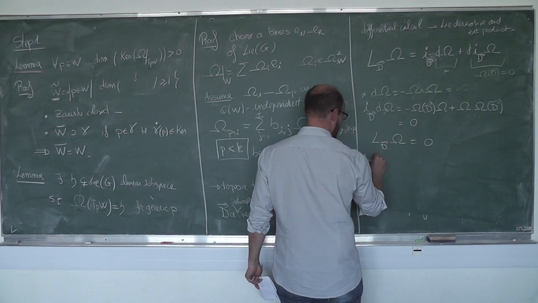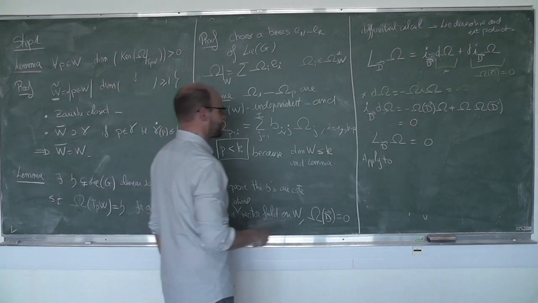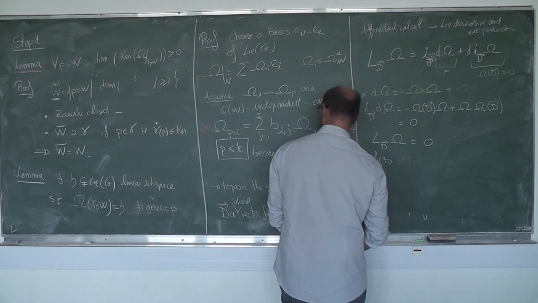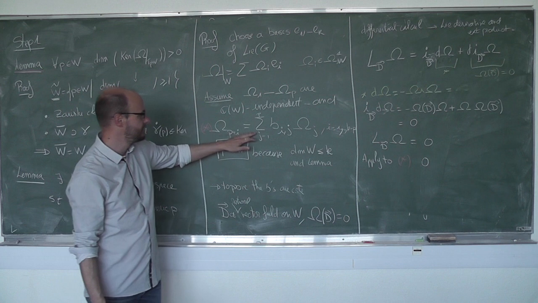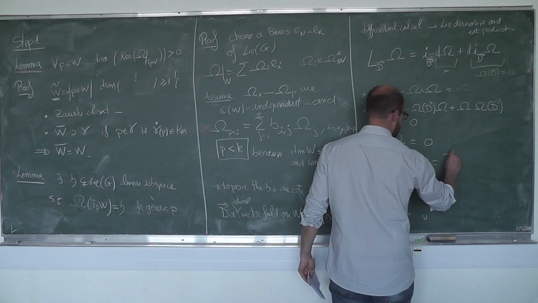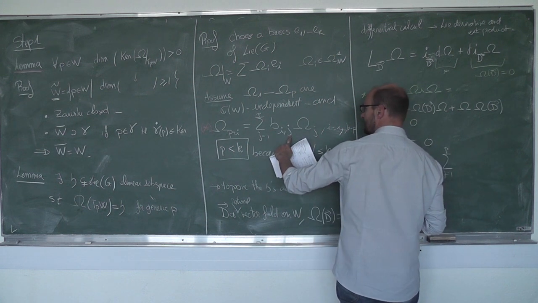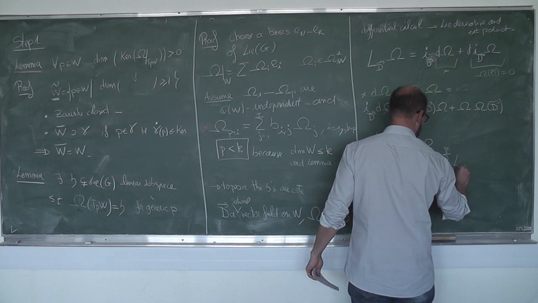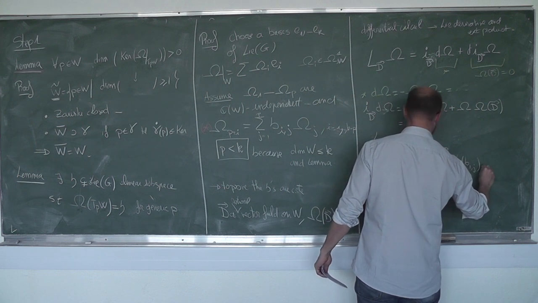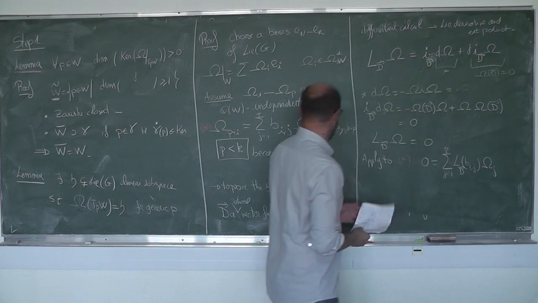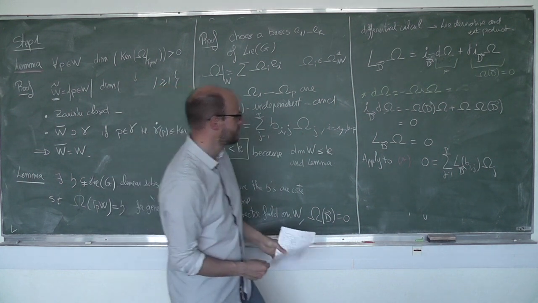Then you apply this to this relation. And what you get is that 0, which is the derivative of this one, is equal to the sum, j equal 1 to p, of the derivative of this one, L_D of b_ij times omega_j, plus b, you take the derivative of this one, but the derivative of this one is 0, plus 0.